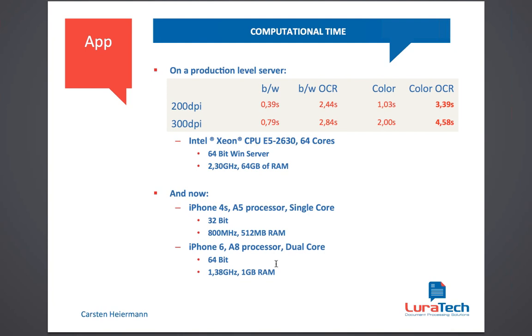But there's one major advantage in these kinds of processors, which are not really processors, but system on a chip architectures. So they also have a very strong GPU in there, graphics cores. And the algorithms we do in digital imaging, in image cleanup, in deskewing, in compression and OCR and so on, can make wide use of those GPUs.